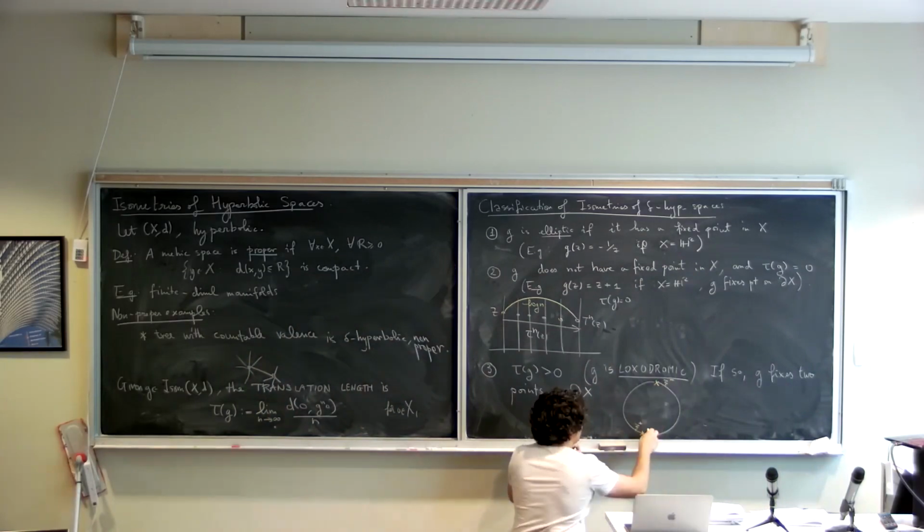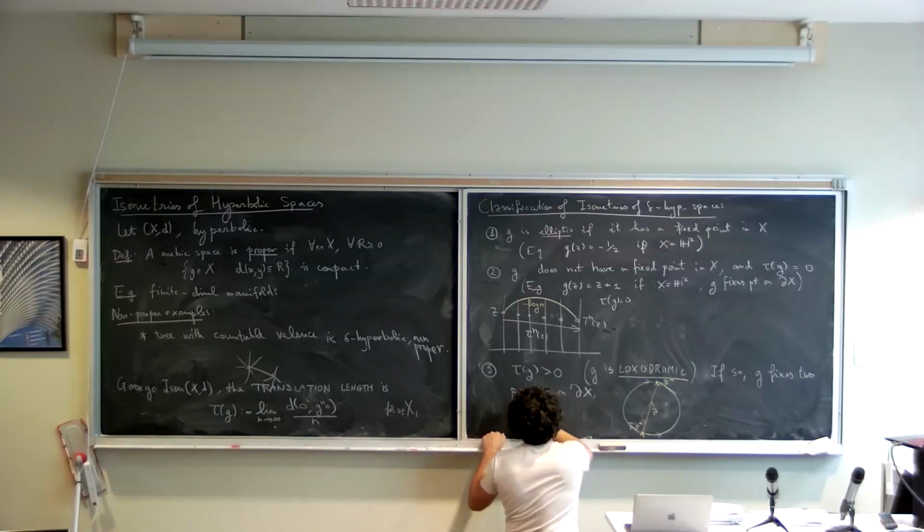In the classical case, G would fix a geodesic between them. Well, this is not quite true in general, but still G coarsely does the same. G will translate along this quasi-geodesic, and on the boundary, the action will be that G is repelling from this point and attracting to this point.